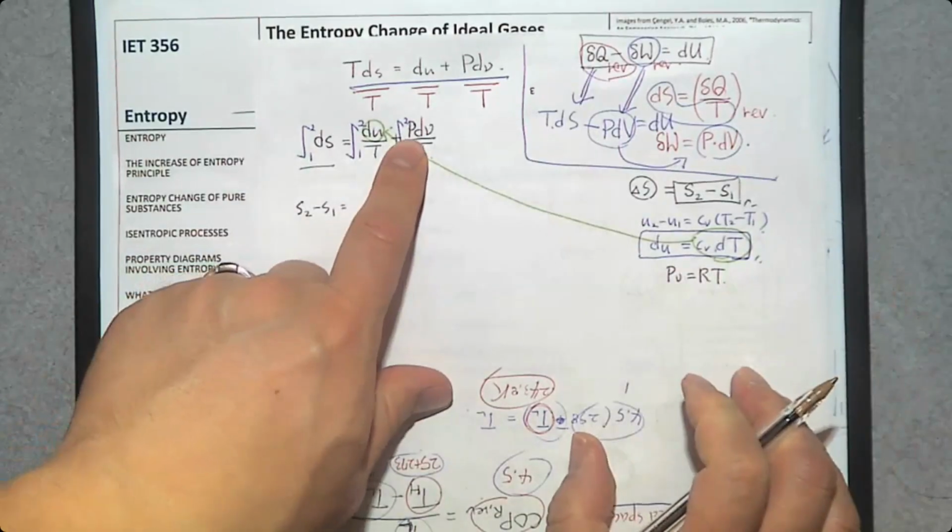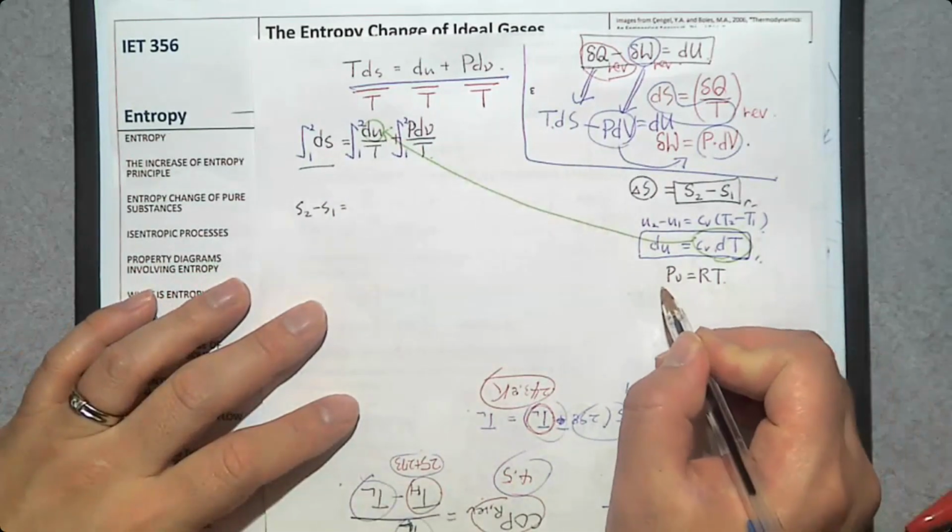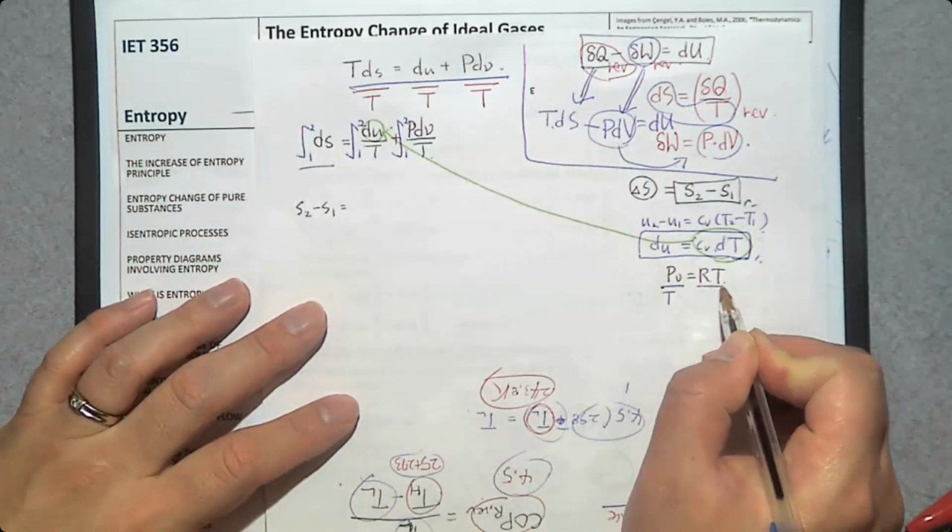Then, what is the form here? It's going to be P over T. So, I want to find P over T. How can you do that? If you divide each side by T, you will get P over T. So let's do that.